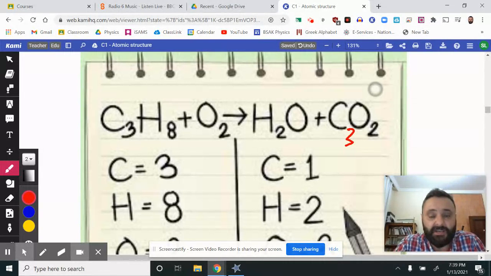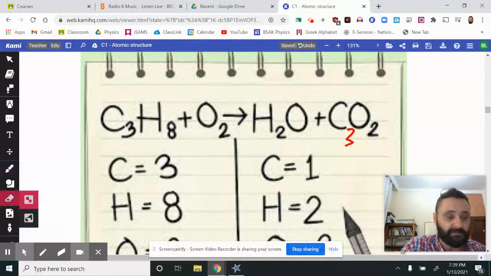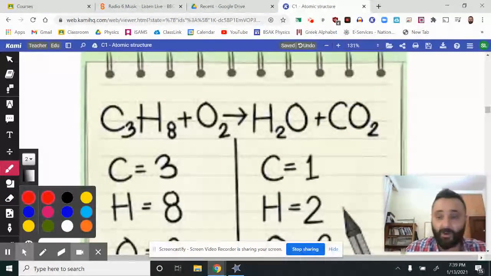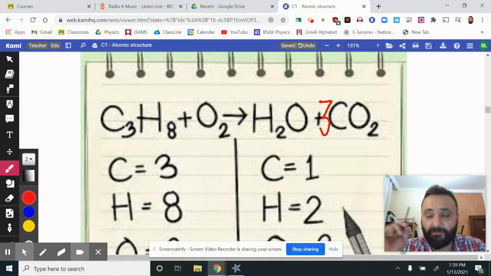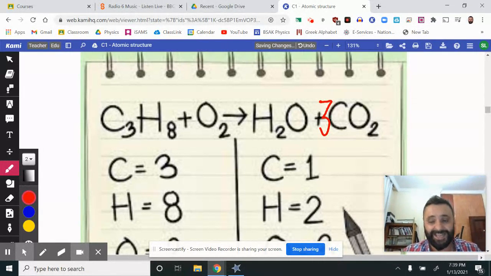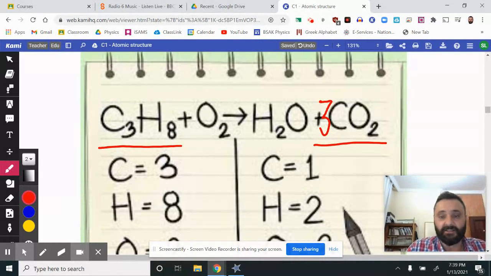We cannot change the molecular structure of carbon dioxide. If we want 3 carbons, we have to have 3 carbon dioxides. It's literally like a recipe, like baking a cake. In this chemical reaction, if you want 1 lot of this, you need to produce 3 lots of this.